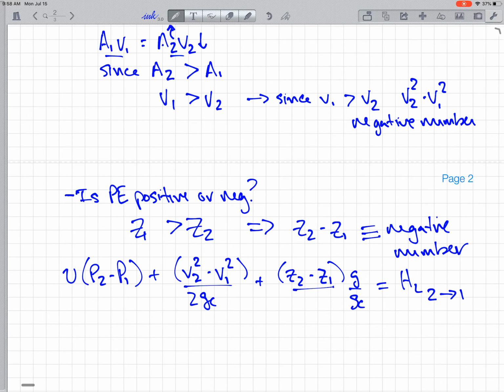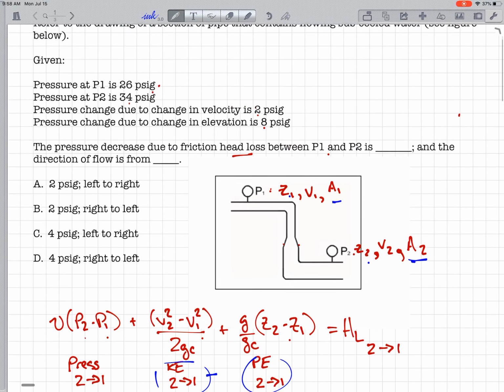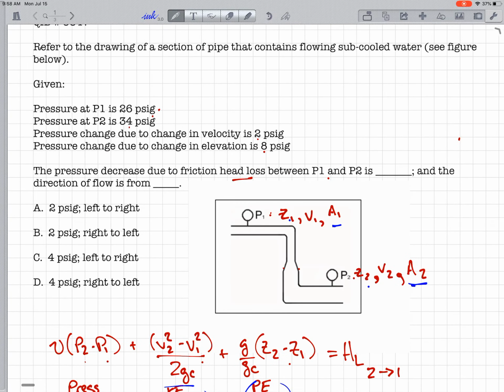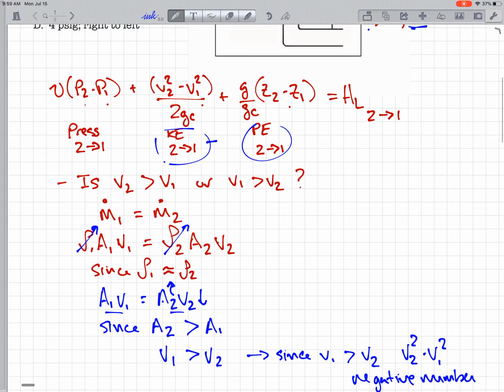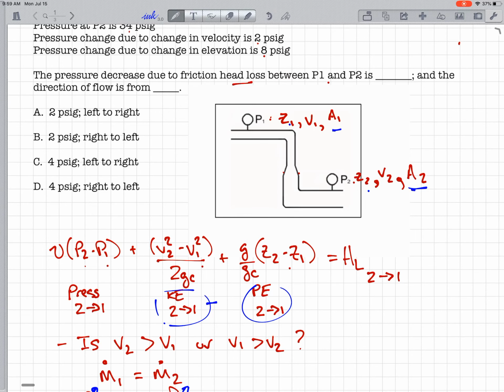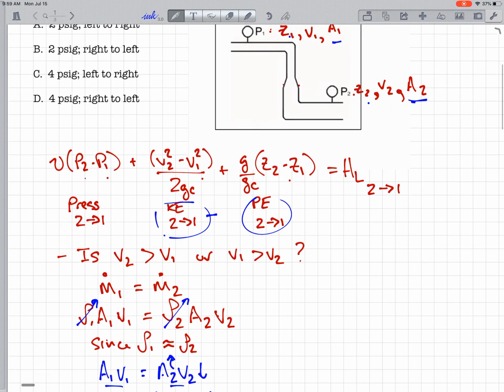They have given us the change in pressure from point 1 to point 2, 34 minus 26. So it's going to be 34 minus 26 psig plus the pressure change due to velocity of 2 psig.